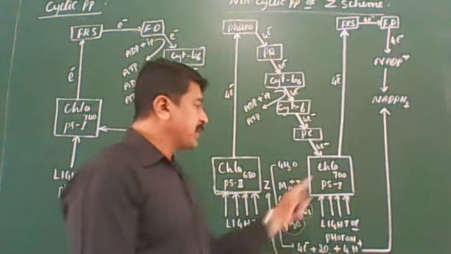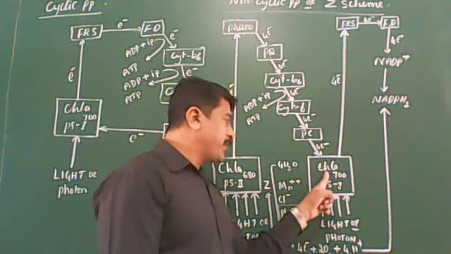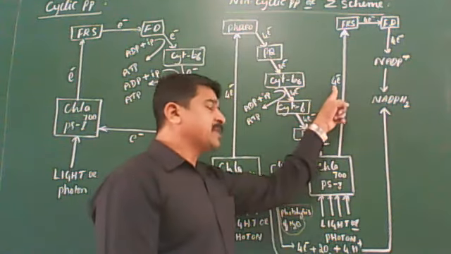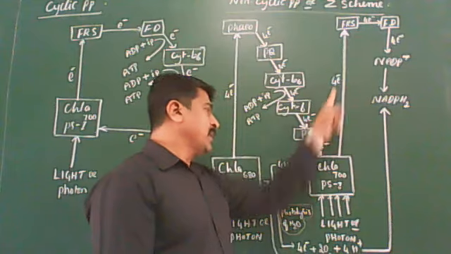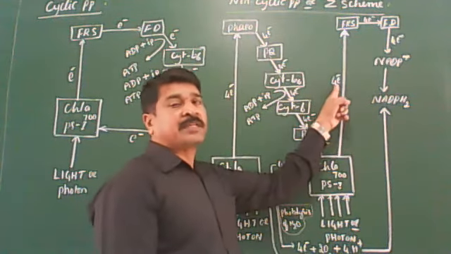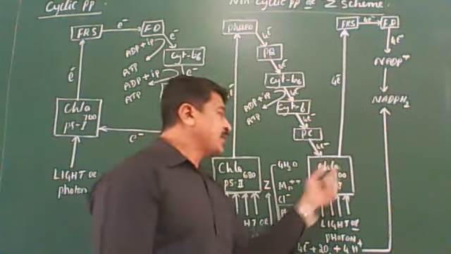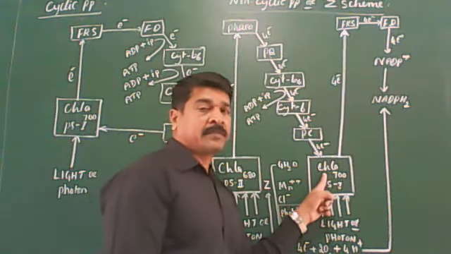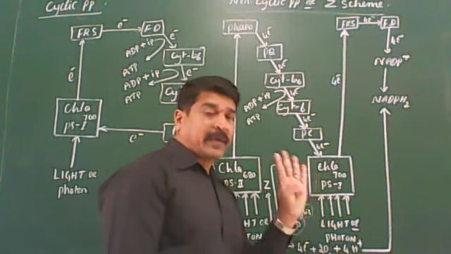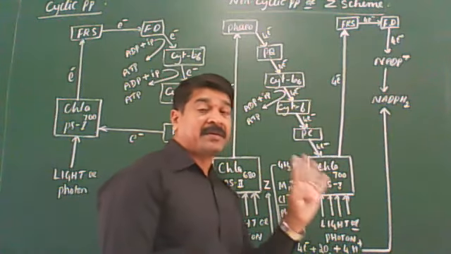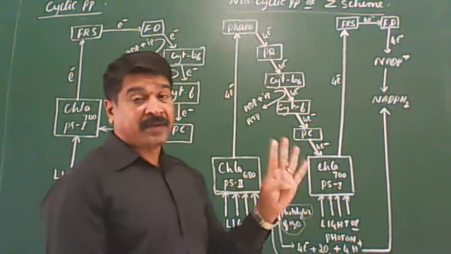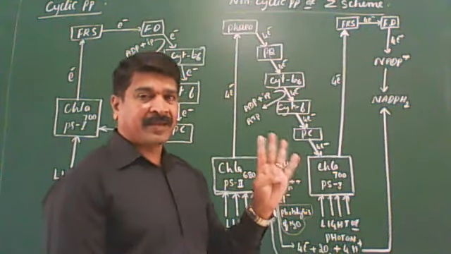As a result, it becomes excited and ejects energy-rich electrons. With the loss of electrons, it becomes oxidized, and an electron hole or gap is created in its reaction center. I think you are following here.